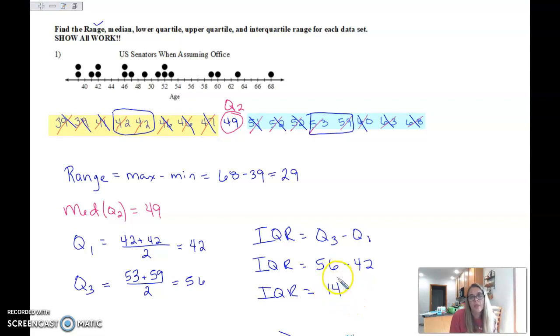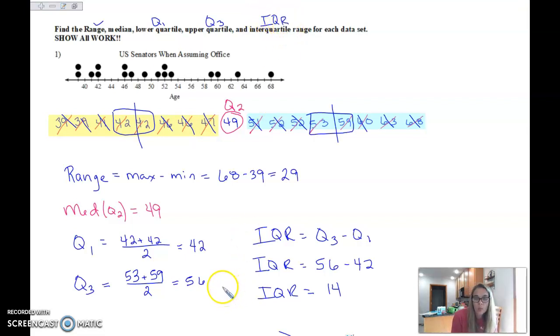Basically it's saying that the middle half of the data has a range of 14. So from here to here, there's a range of 14. I think we've done everything. Remember, Q1 is the lower quartile, Q3 is the upper quartile, and IQR is your interquartile range.